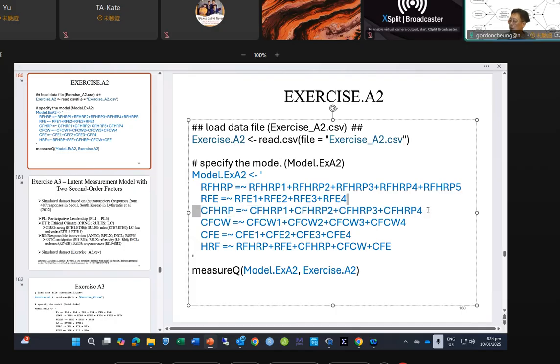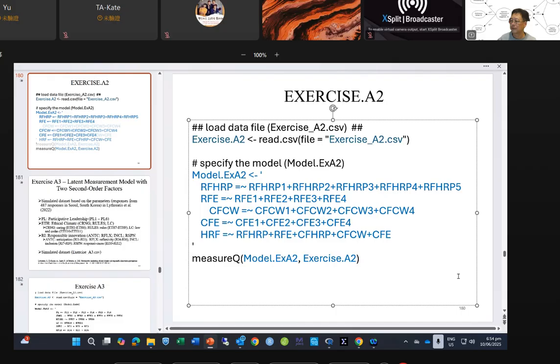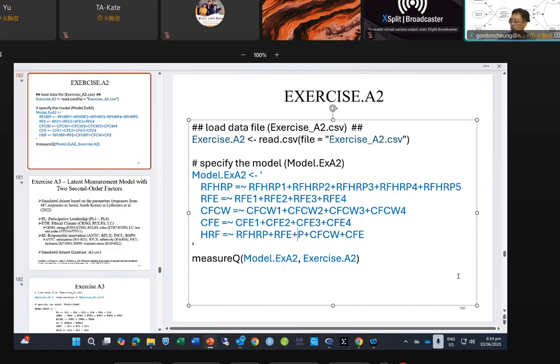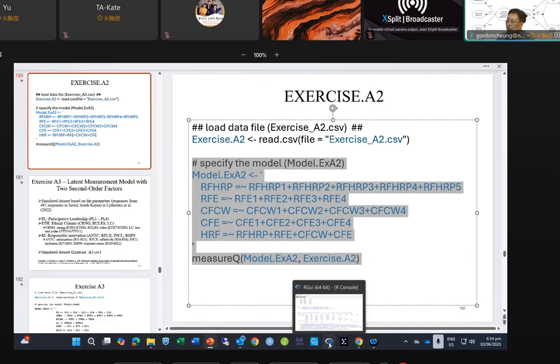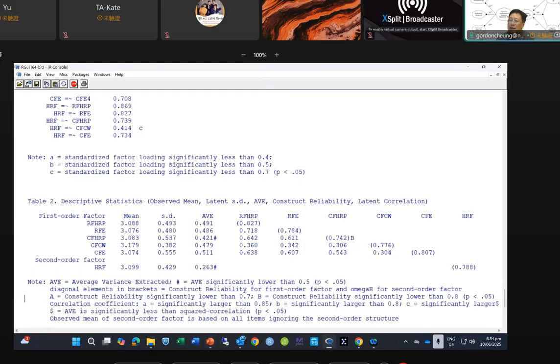I go back to this slide. I remove CFHRP, and then I remove CFHRP from the second order construct. Okay? So I run the model again. So it is very handy. It is easy.